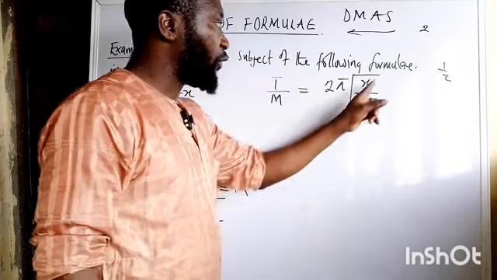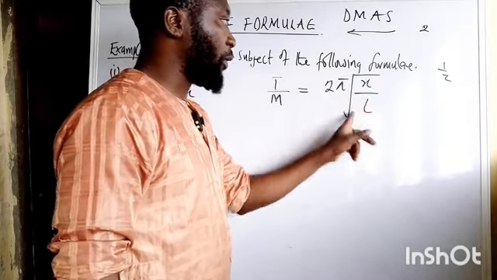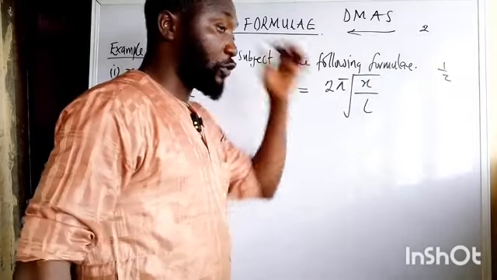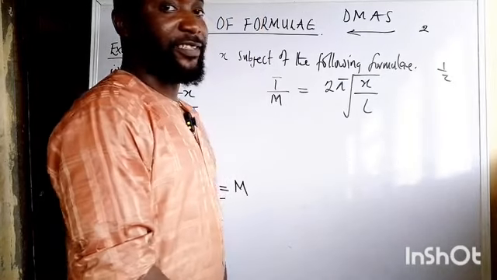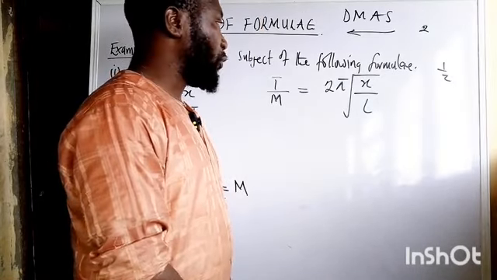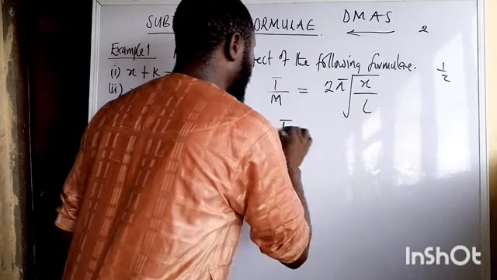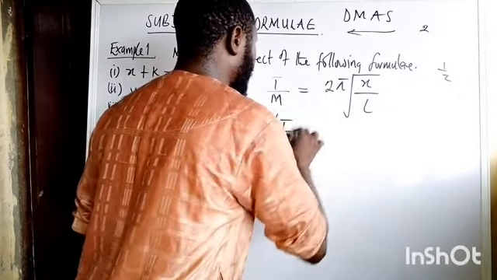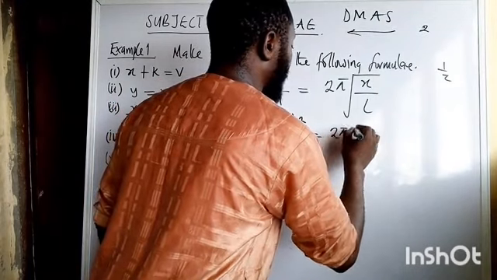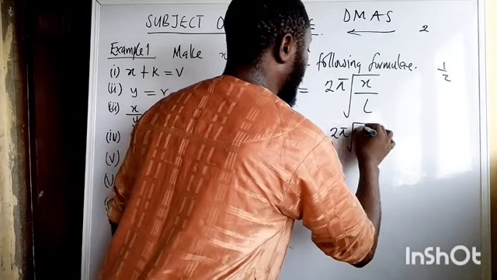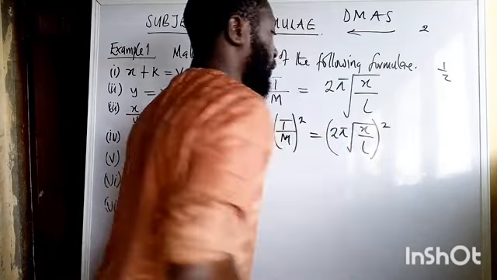How do we remove the square root? You know, the square root is the same thing as the power of 1 over 2. So when you want to remove the square root, you square both sides. So let's square both sides. So we have T divided by m, everything squared, equals 2 pi x over l, everything squared.